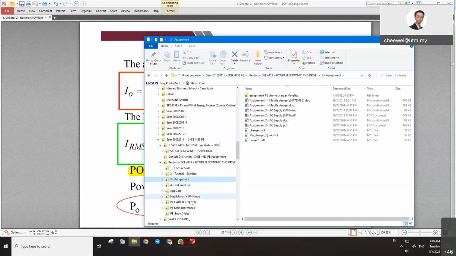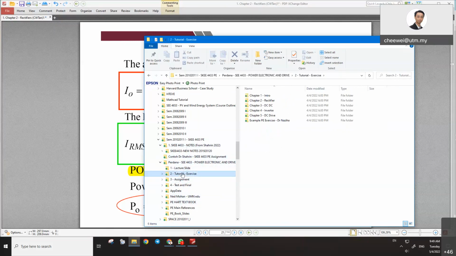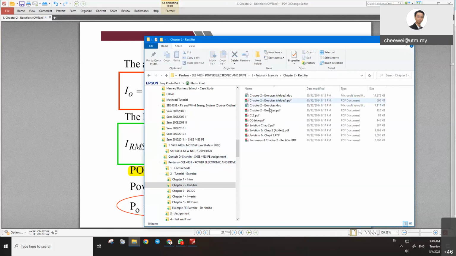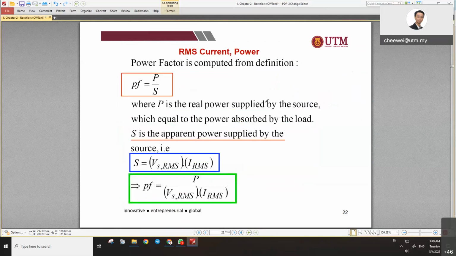Let me find it and share with you later. I cannot find it yet. I'll let you know later. Okay, so make sure you remember that if you want to calculate this, you must use the calculator. Don't waste your time to derive that.